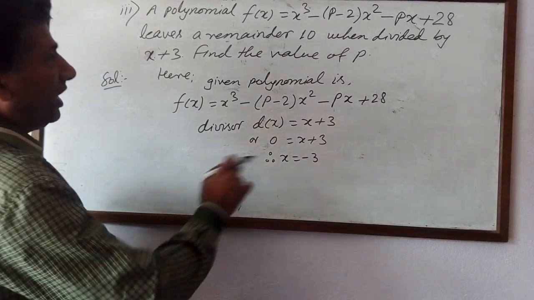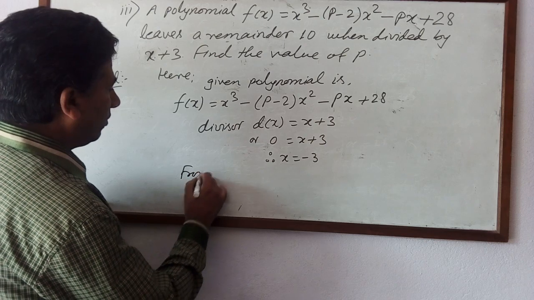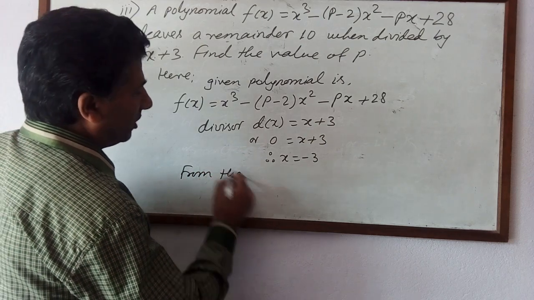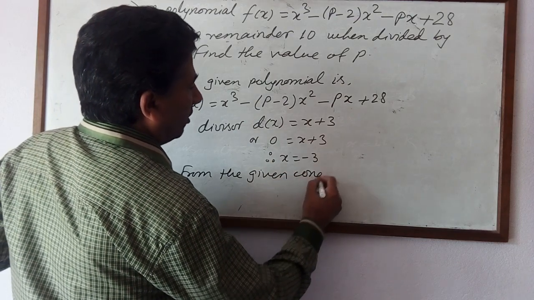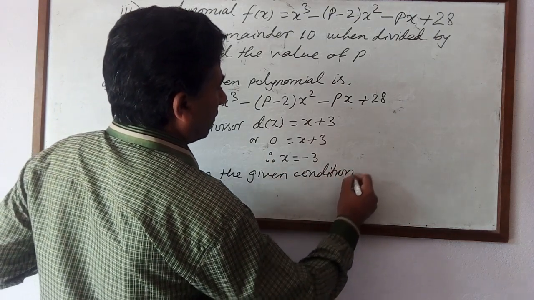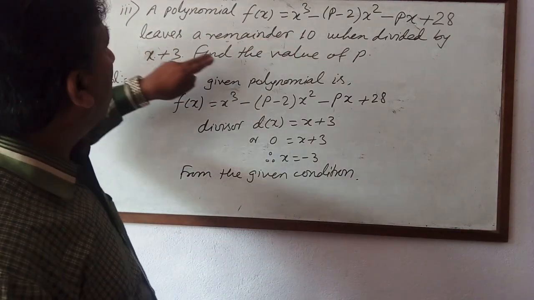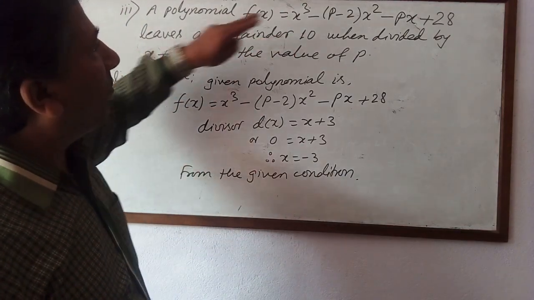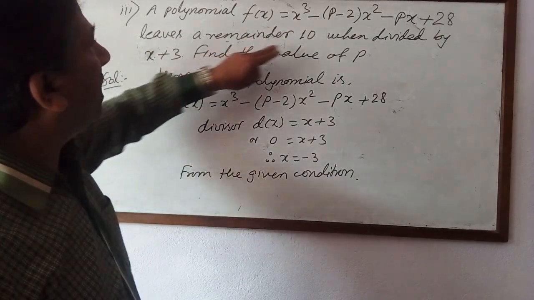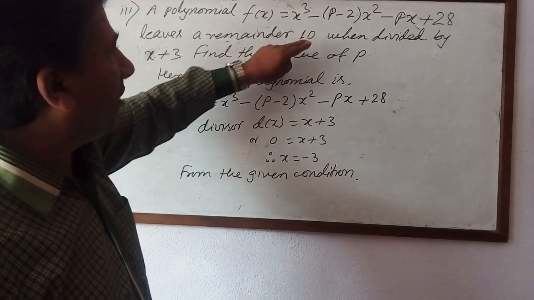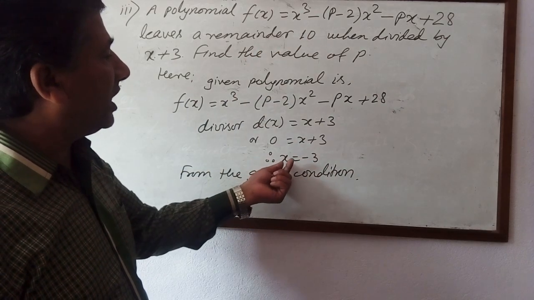Now again from the given condition, from the question, what the question says, see here, this x plus 3 divisor, when the polynomial f(x) is divided by this, there is remainder 10.